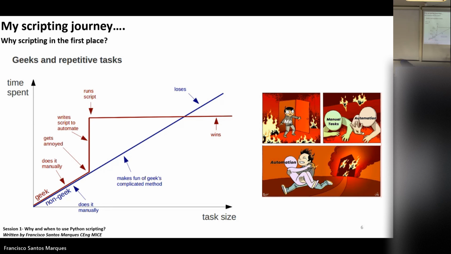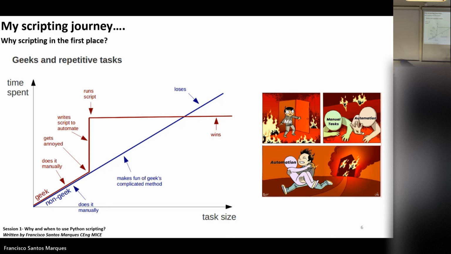They always stick with the same methodology, and they say, well, as long as it works, why change? Why change things if we always do the same things in the same way? Let's call them the non-geeks. And the geeks are the people who want to script, who always want to push the boundary, or they easily get annoyed when they have to do a lot of repetitions.